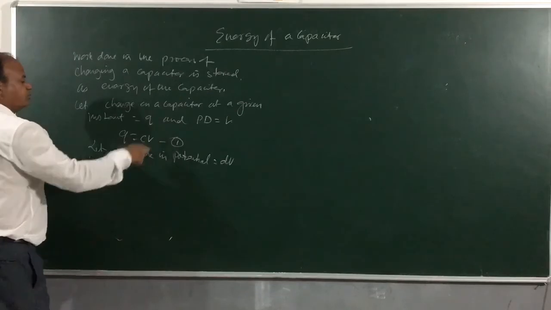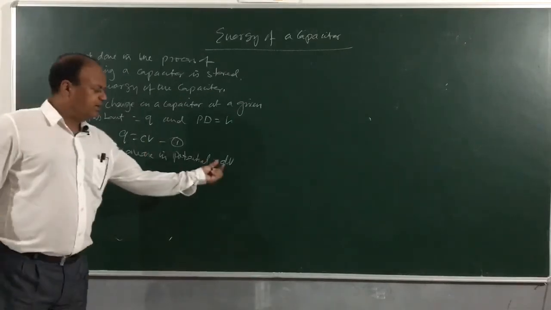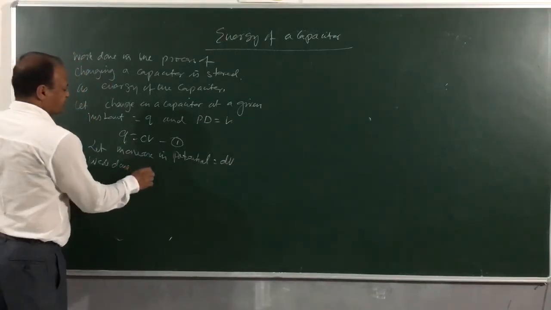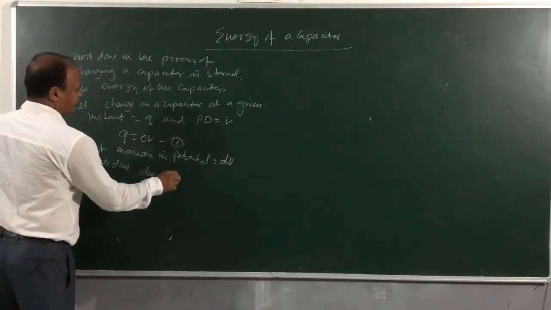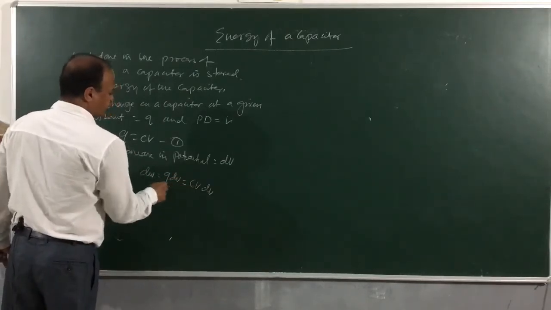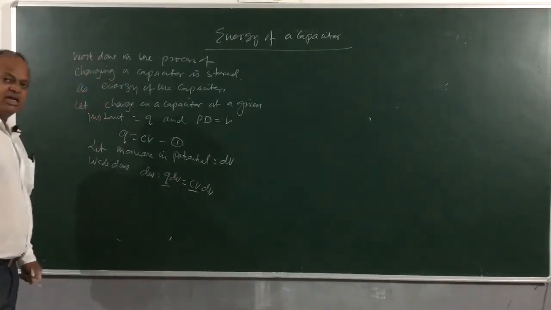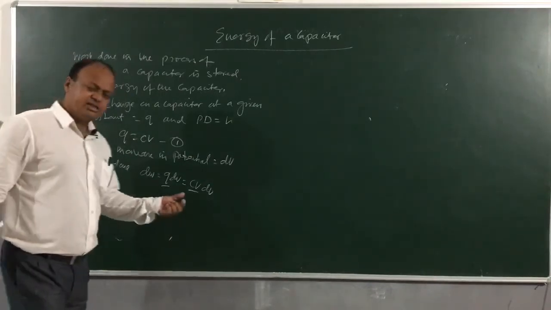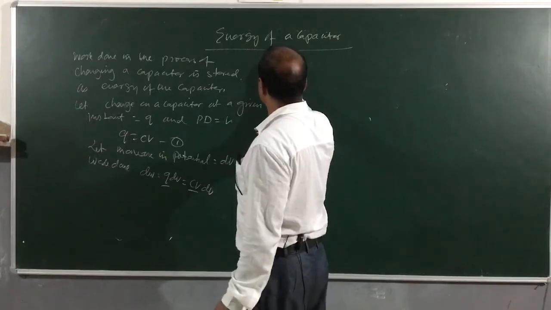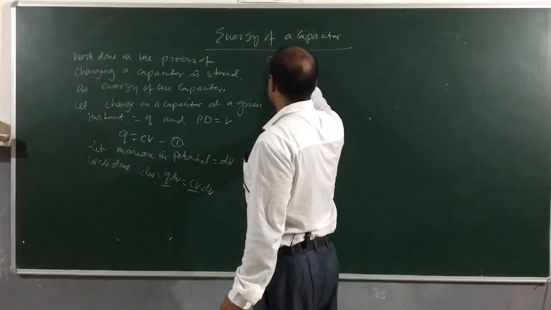If I want to change the potential by a small value dV, then the work done will also be small. Work done dW will be how much, children? You already know, Q dV. And how much is Q? CV dV, because Q we know is equal to CV.